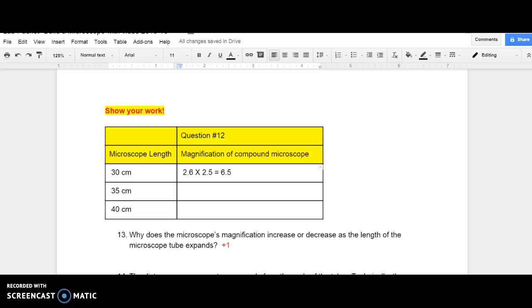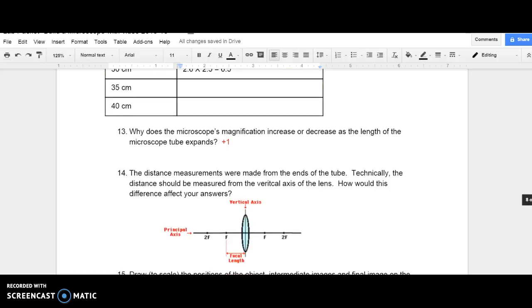So my overall magnification at the 30 centimeter length is 6.5. And you just do the same calculation for the 35 and the 40. Again, remember, using your own numbers if you are using different numbers than me, if you're using your experimental numbers.